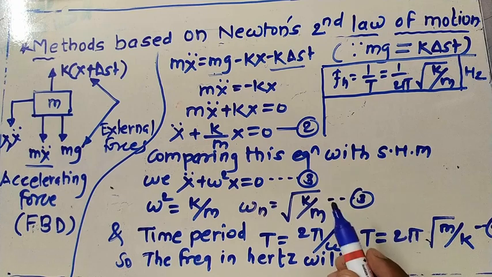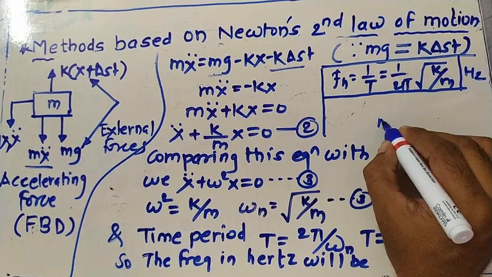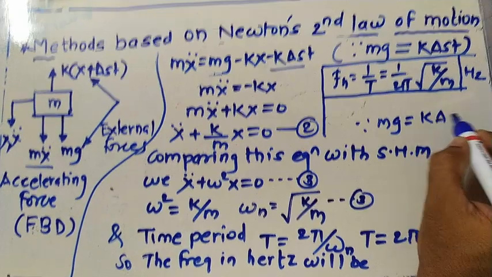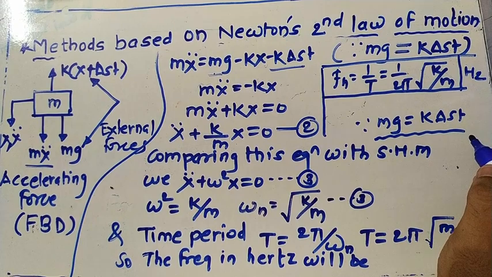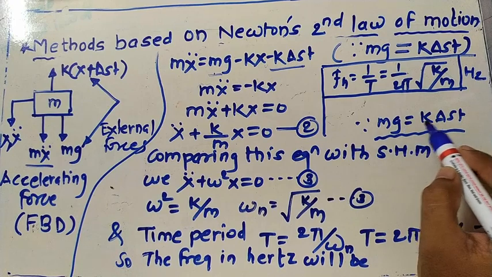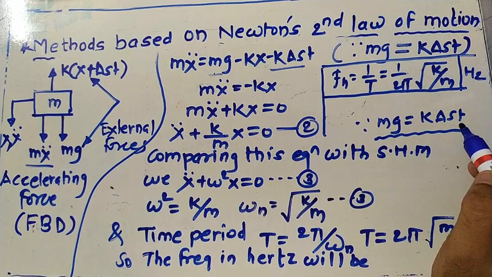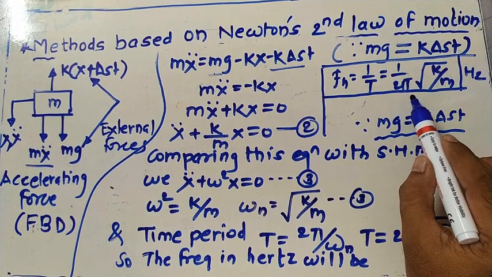In one of the steps we have seen that mg must be equal to k into delta st. In such cases, it is correct to neglect both the self weight as well as the static deflection. This is about Newton's second law of motion, or the method based upon Newton's second law of motion.